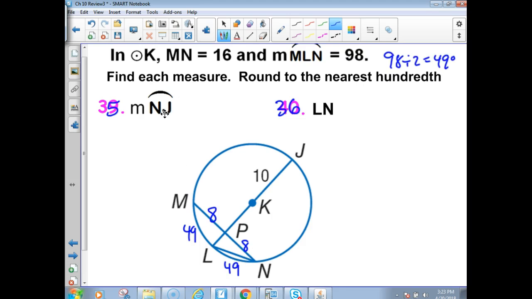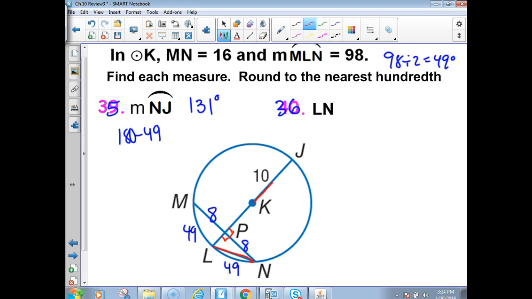So arc NJ right here would be 180 minus 49. Is that 131? Okay. Now, they're asking me to find LN, which is here. I got a right triangle there, and I got a right triangle here.